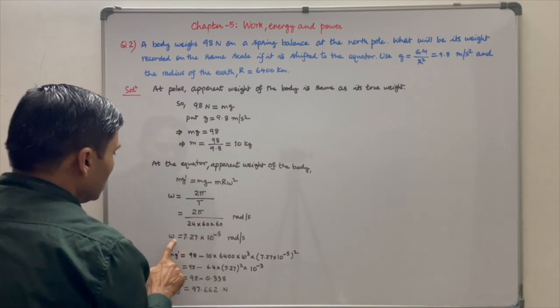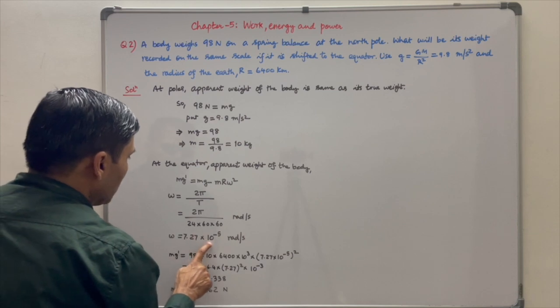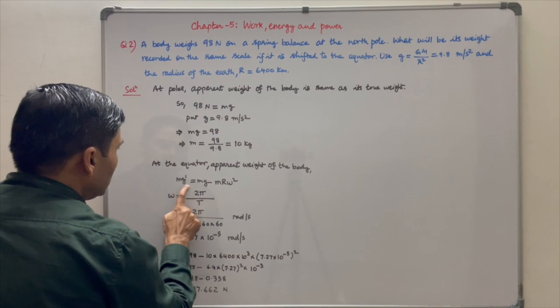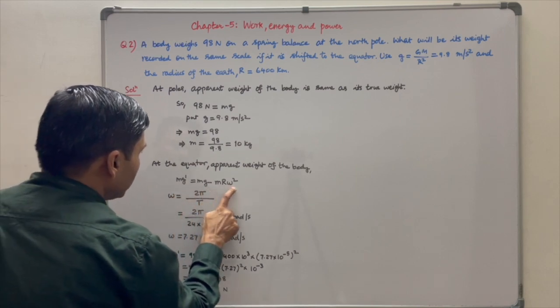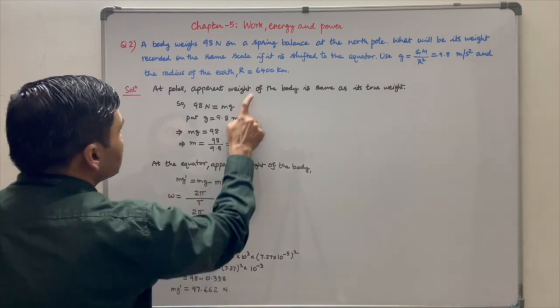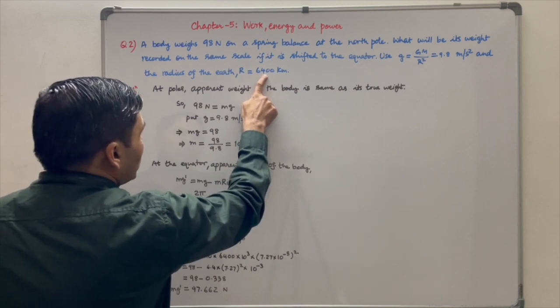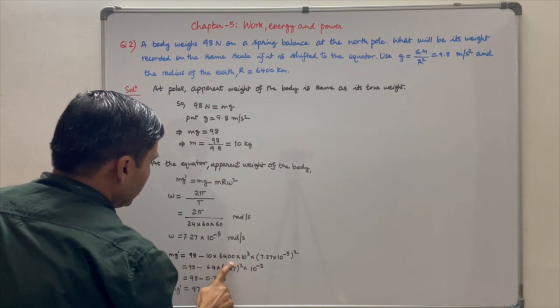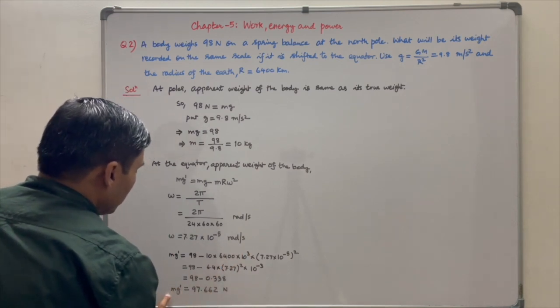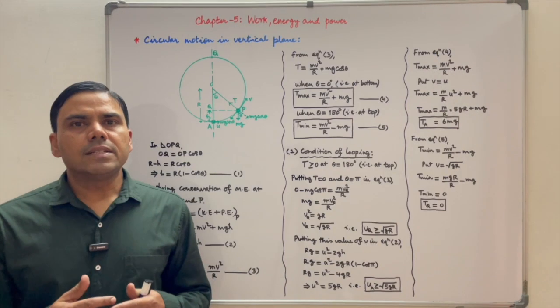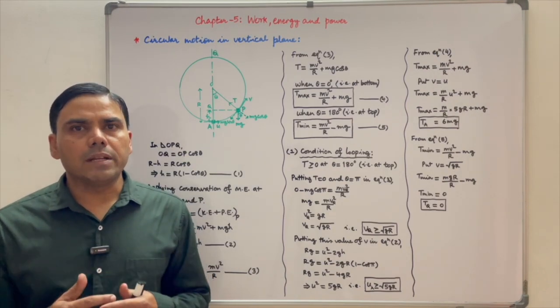So omega is equal to 7.27 into 10 to power minus 5 radian per second. So mg dash is equal to mg minus mR omega square. R is given as 6400 kilometer, and that is 6400 into 10 to power 3 meter. So mg dash is calculated as 97.662 Newton.